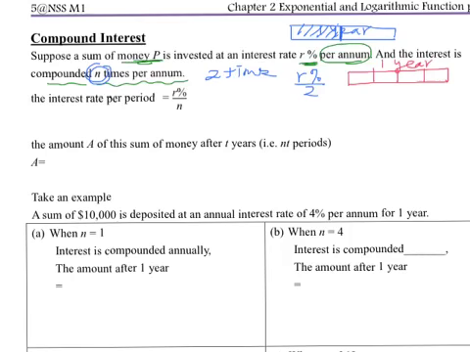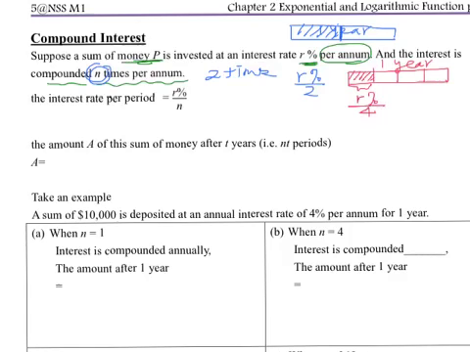Or when n equals 4, that means the 1 year is divided into 4, and for every quarter of a year, the bank will just give you R% divided by 4 for that period.